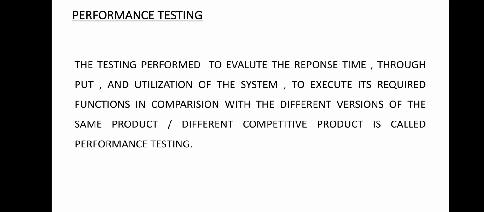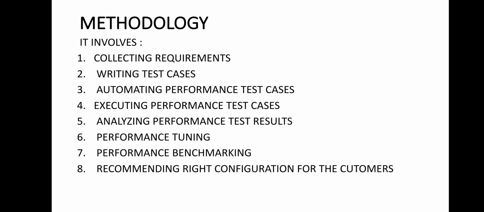Then these test cases will be executed, and the performance of the result will be tested. On the basis of performance, we have to make a tuning between all the results and our desired results. After that tuning, the performance level will be achieved, that the software is performing at this level or not.